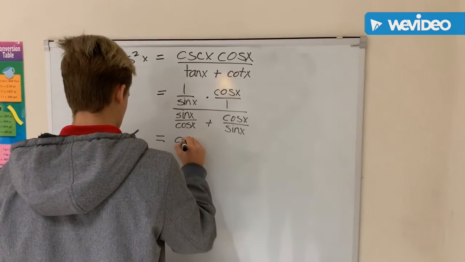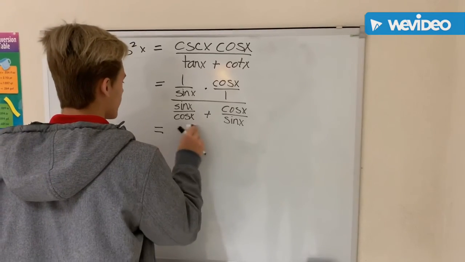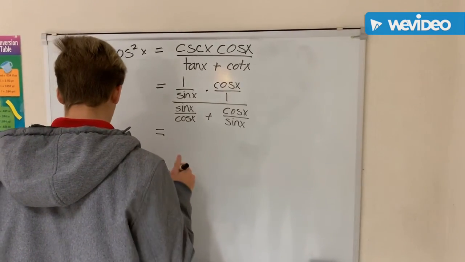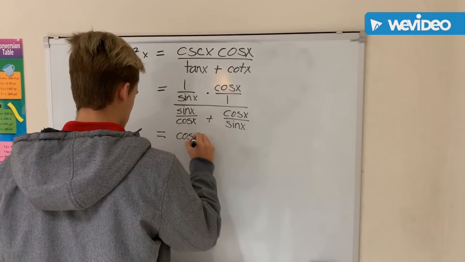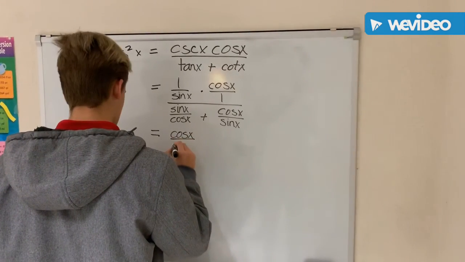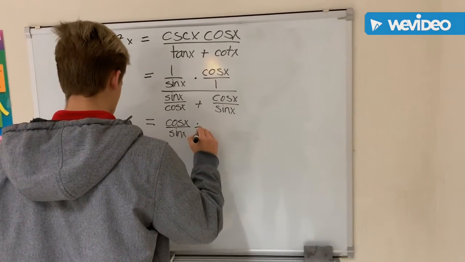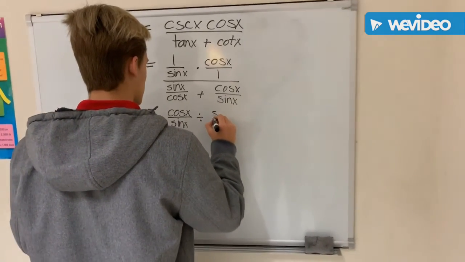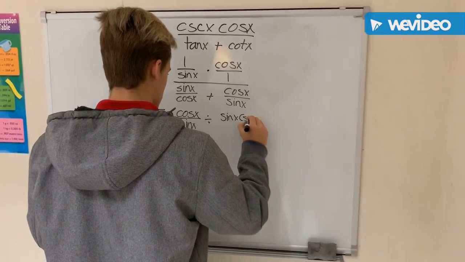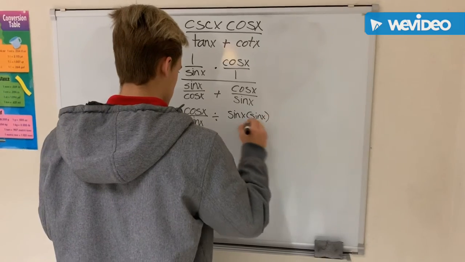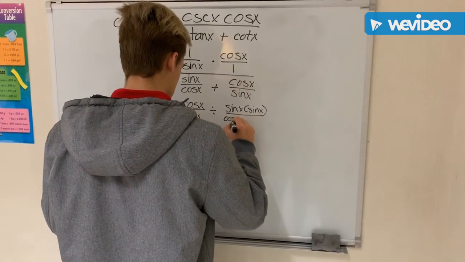Now we're going to simplify this more. We're going to simplify 1 over sine x times cosine over 1 into cosine x over sine x divided by sine x times sine x over cosine x times sine x.